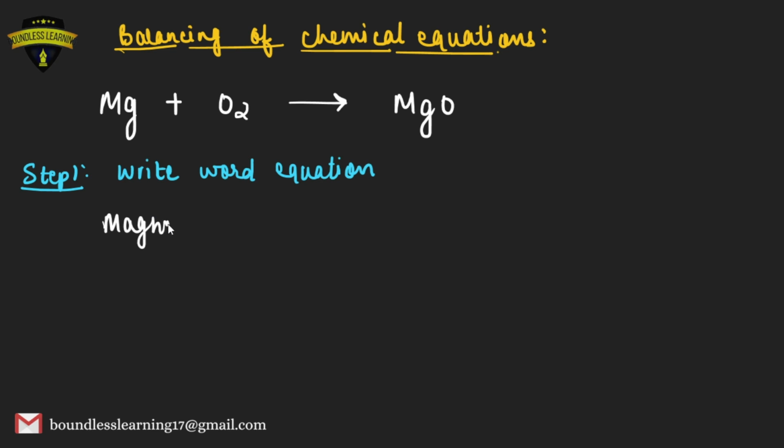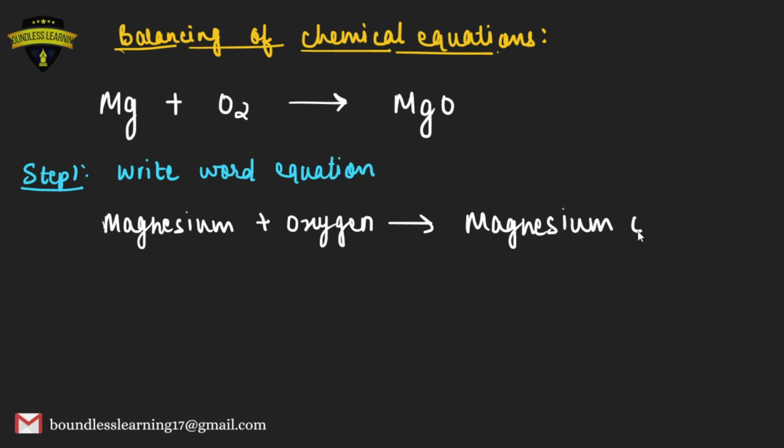Magnesium plus oxygen gives us magnesium oxide. This is the first step.